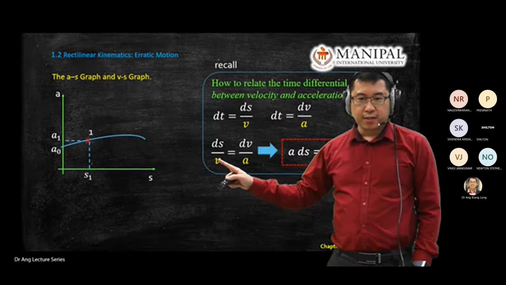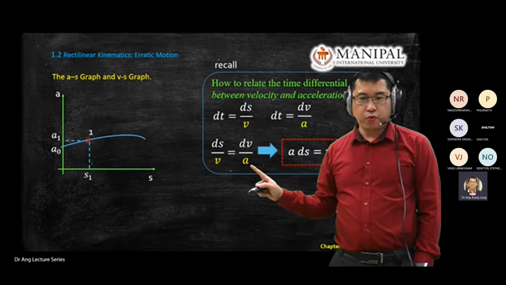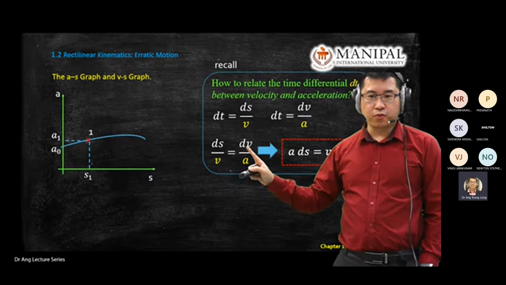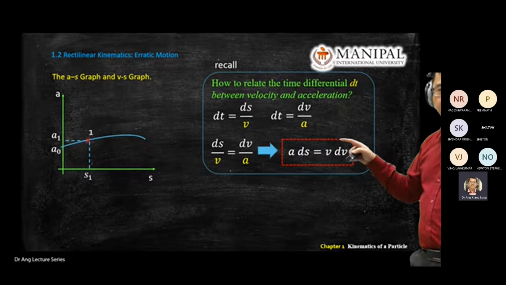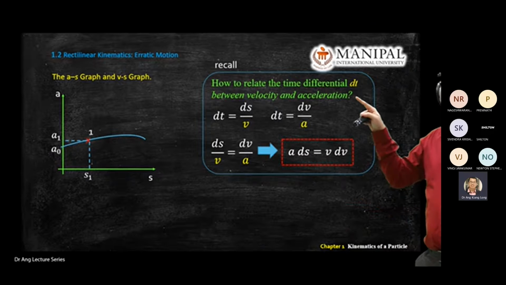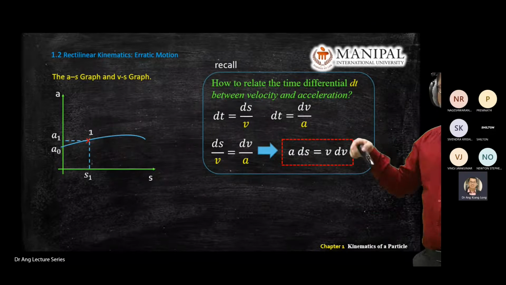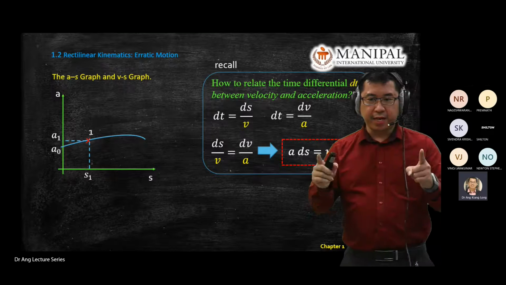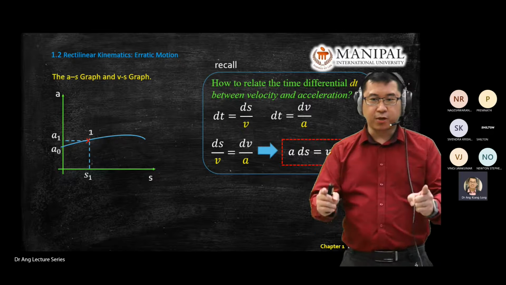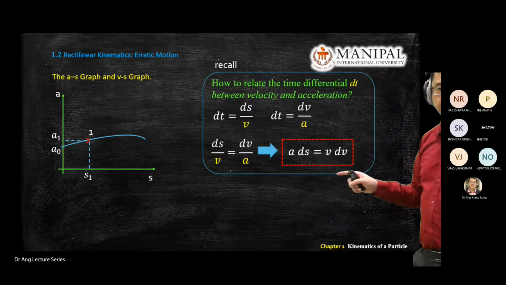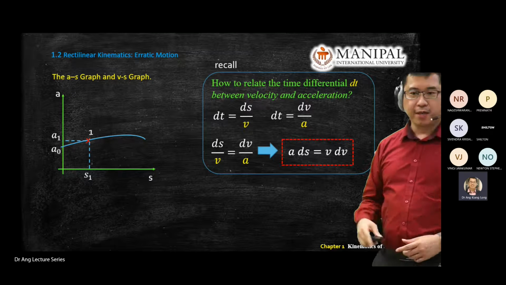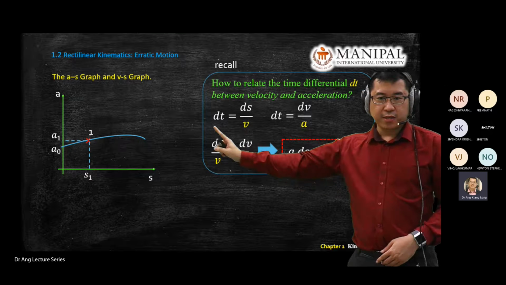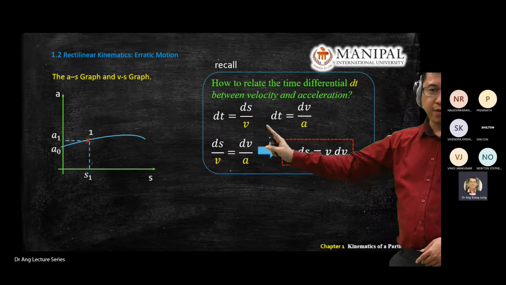Then we move this A to the left-hand side, and this one to the right-hand side. You arrive at this equation. Take note, when you use this equation, you have to understand that the motion happens in the same delta t or dt time frame, because in this equation we put the same dt for v and a.